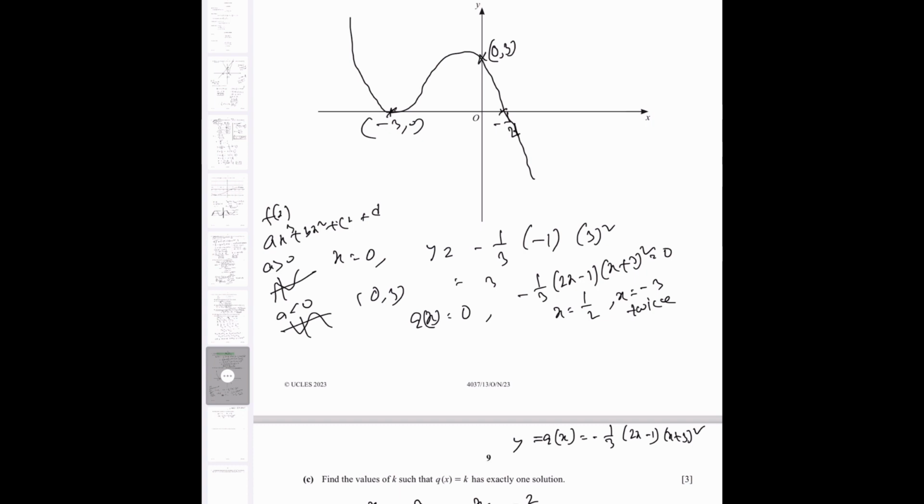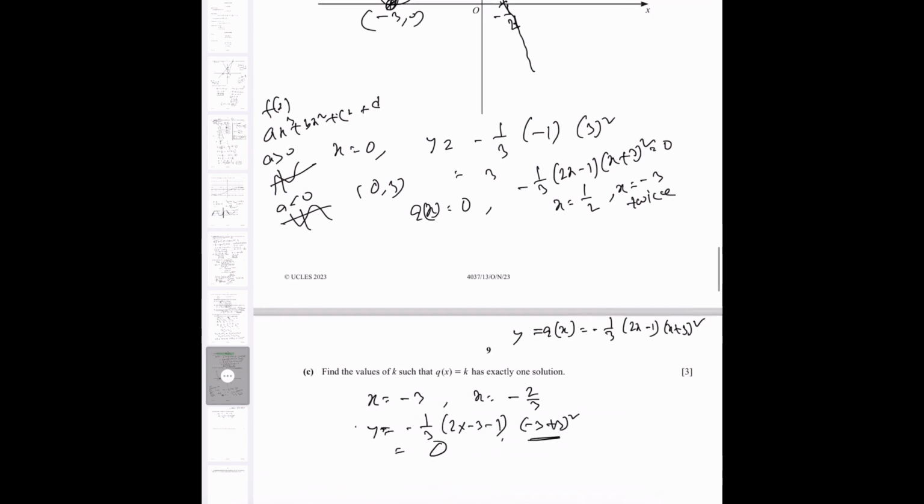Since this part is 0, all the things multiplied are 0. So this is one turning point, and another turning point is on top. This is minus 2 by 3, so let me use minus 2 by 3 there. y equals minus 1 by 3, 2 times minus 2 by 3 minus 1, times (minus 2 by 3 plus 3) whole square.